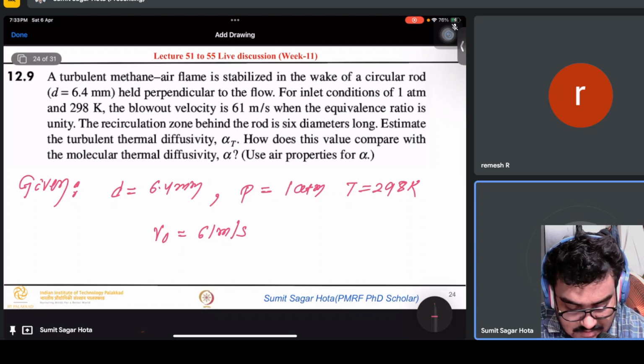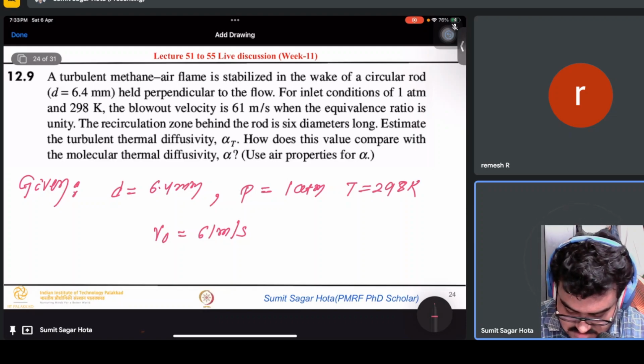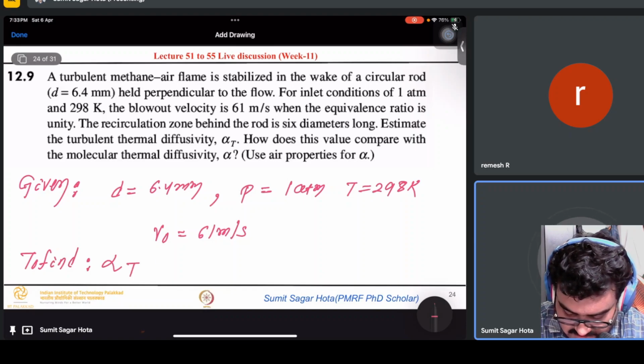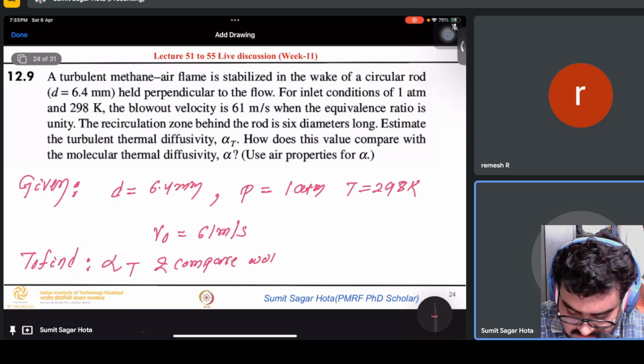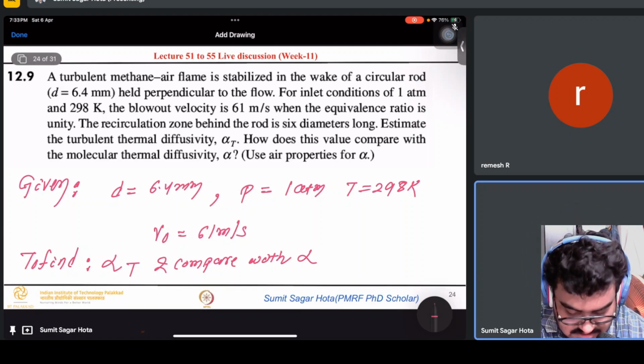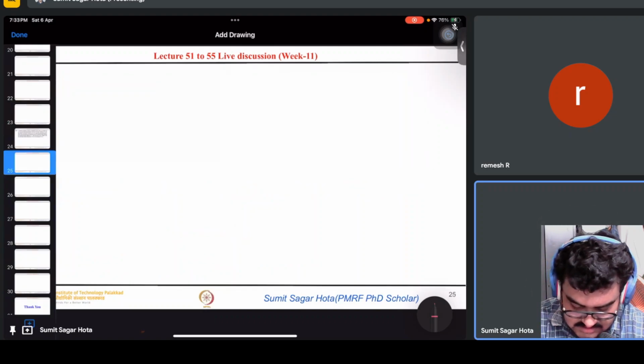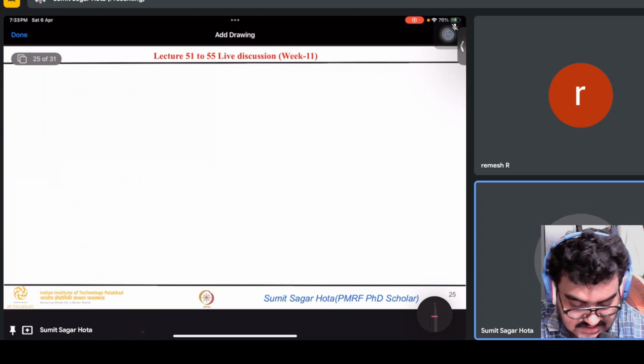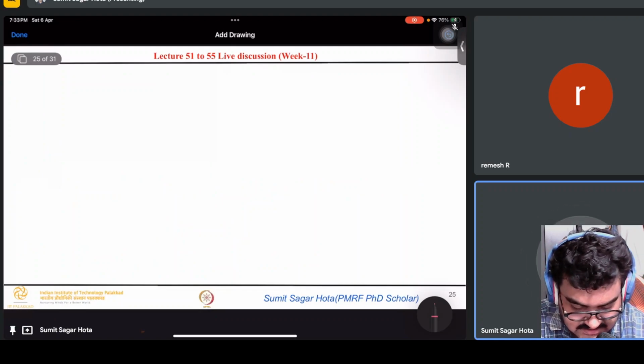So now we have to find what? Find alpha T and compare with alpha, the thermal diffusivity of what? Air. The assumptions we can make. First assumption for blowout is Spalding's model.